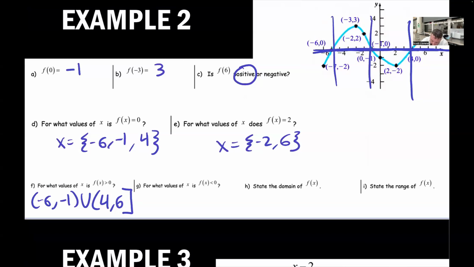Now, similarly, the next question asks about being less than 0, so being negative. Right here and here, we're below the x-axis, so we're negative. What intervals is that?